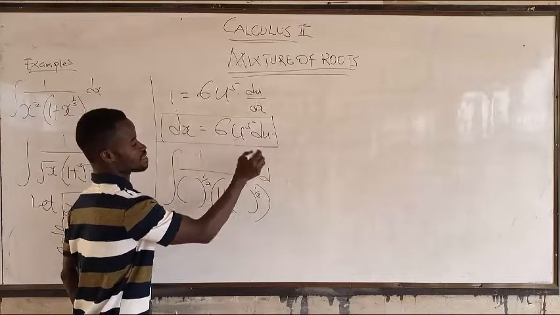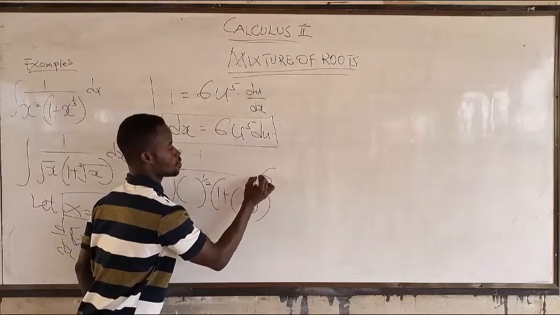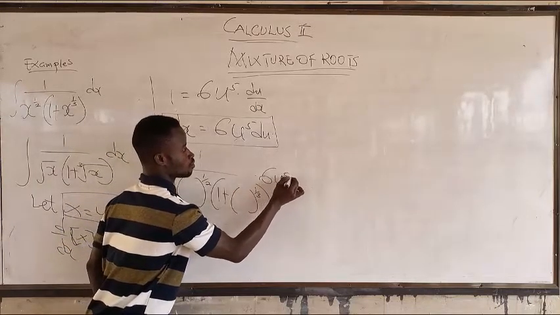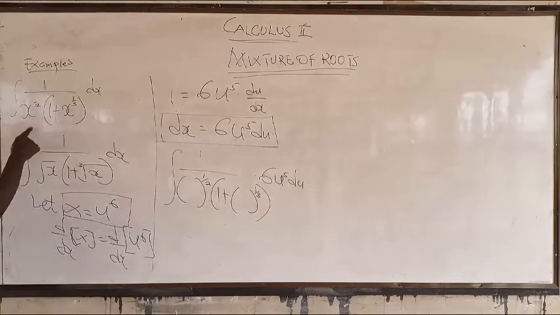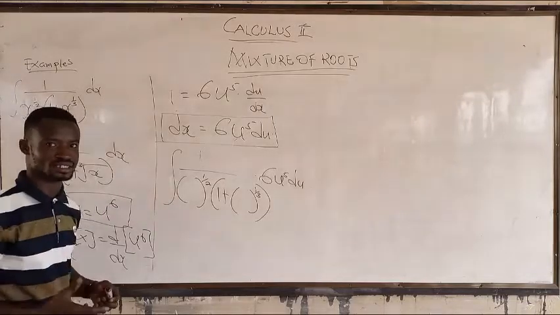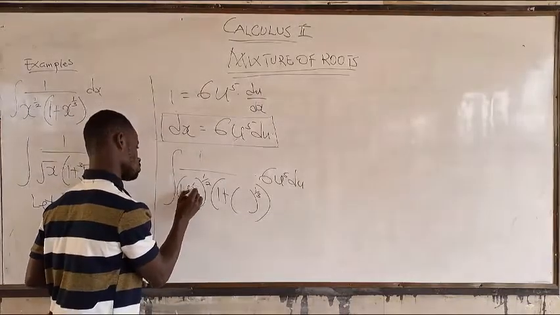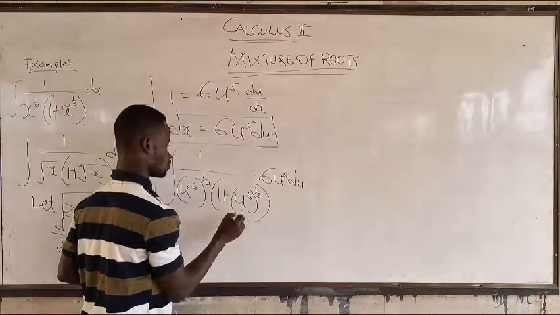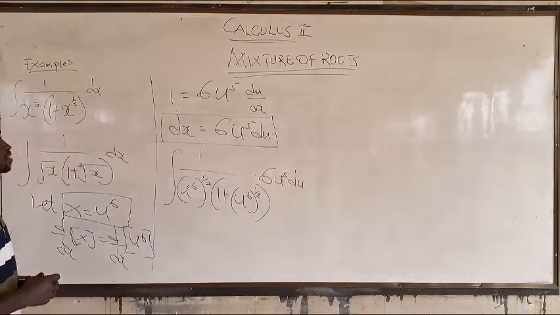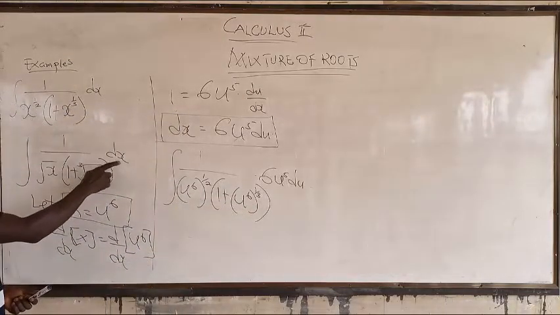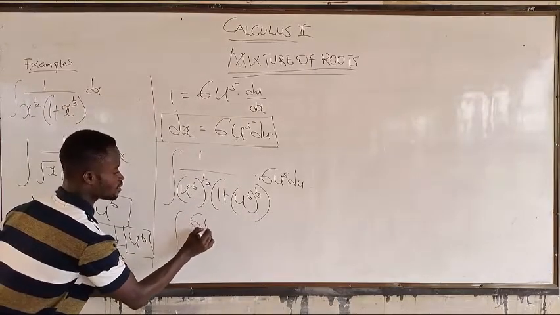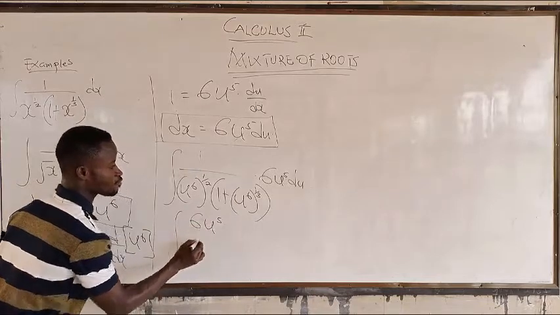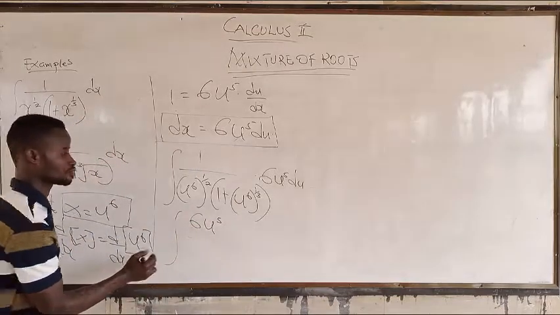Then the ds is, so here the s we have here is u raised to the power 6. Hope you can see that. And the ds here can be here. So we can write this as 6u raised to the power 5. Hope you are following.